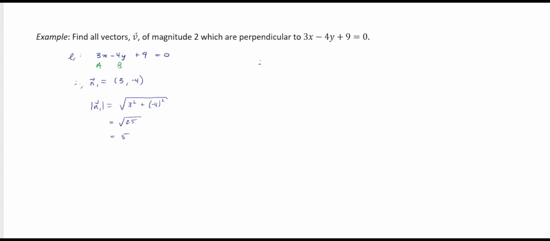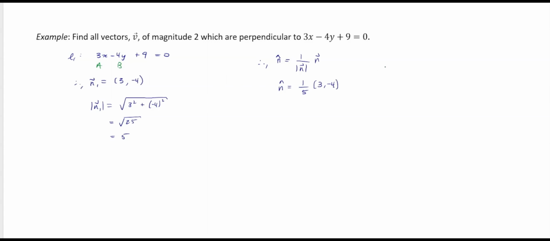What I can do is find the unit vector perpendicular to this line by finding n cap. n cap is just 1 over the magnitude of n times n.